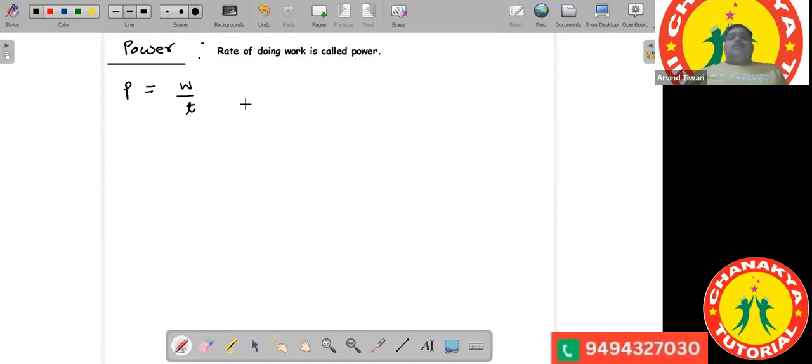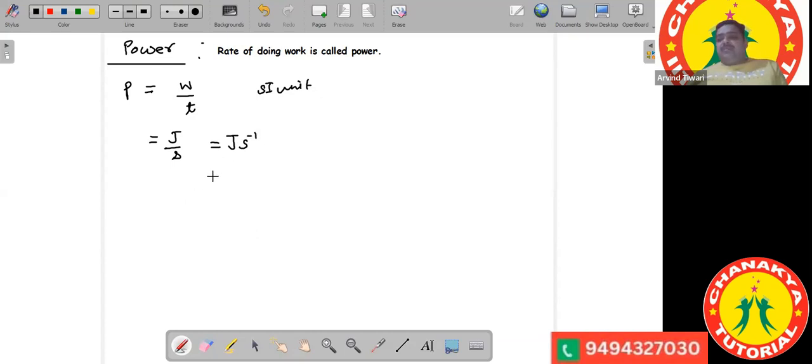So work done divided by time is called power. What can be the SI unit of this power? Work done is generally measured in joule and time is measured in second. So your SI unit of power is joule per second, or you can also write it as joule second minus 1.